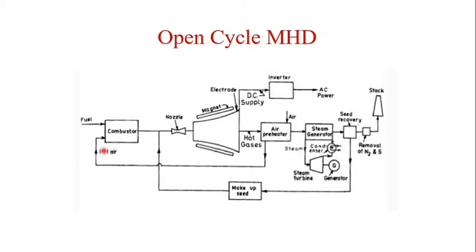Here fuel such as oil, coal or natural gas is burned in the combustion chamber. As well, air required for the combustion is supplied from the air preheater. The hot gases produced in the combustion chamber are then seeded with a small amount of an ionized alkali metal to increase the electrical conductivity of the gases.